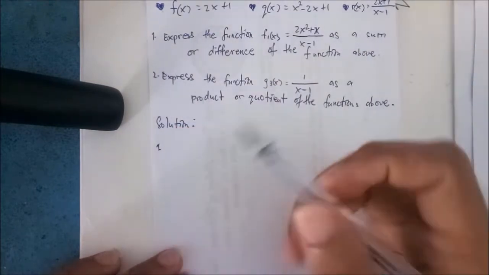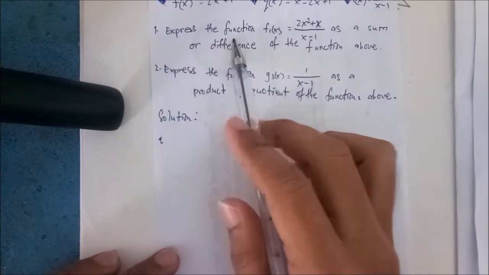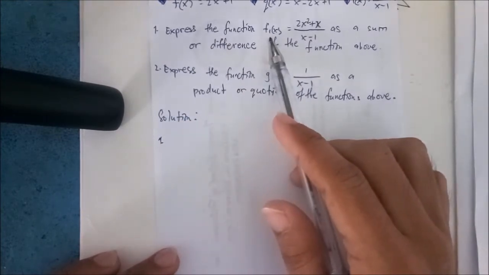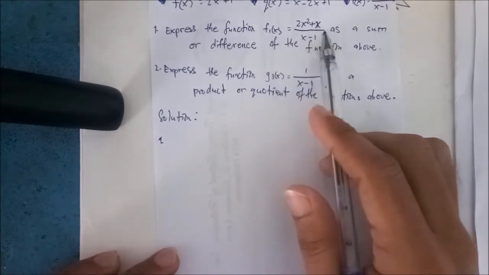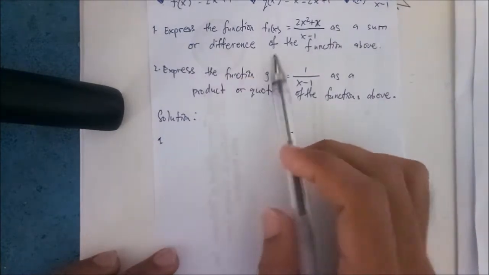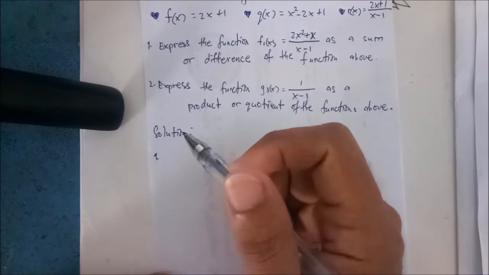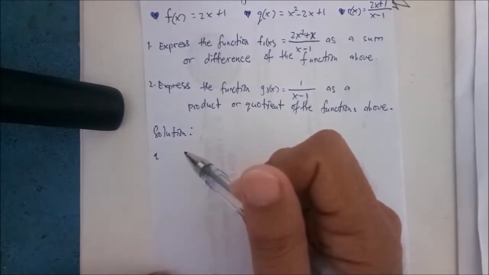Question number 1 is: express the function f sub 1 of x equals 2x squared plus x over x minus 1 as the sum or difference of the functions above. We will choose a pair of functions to get the correct expression.